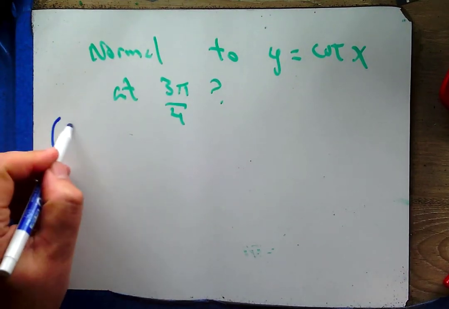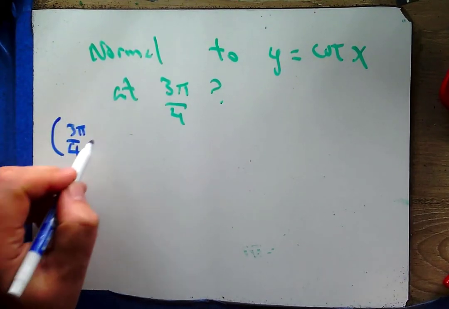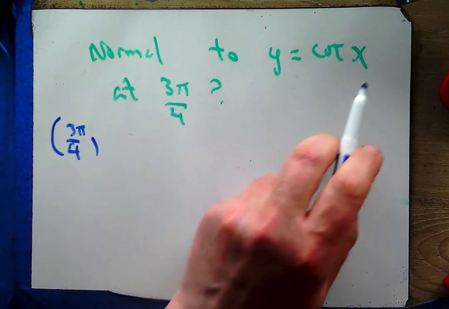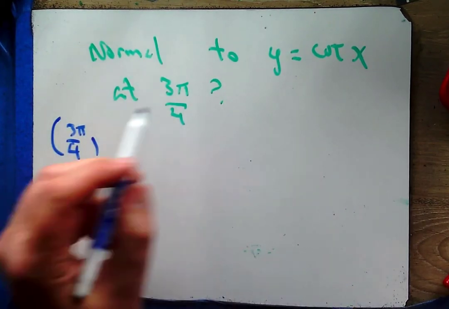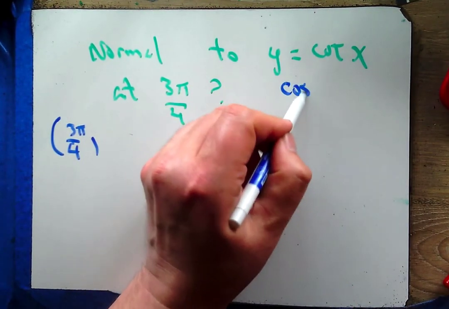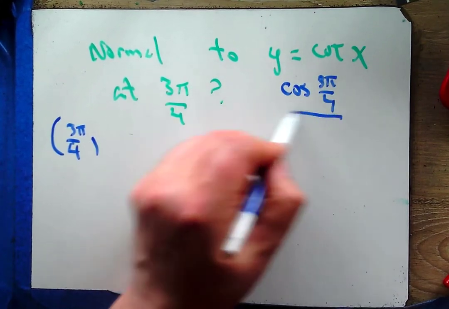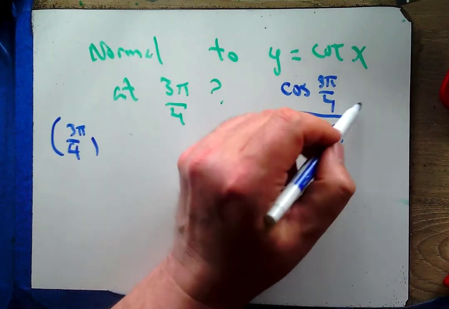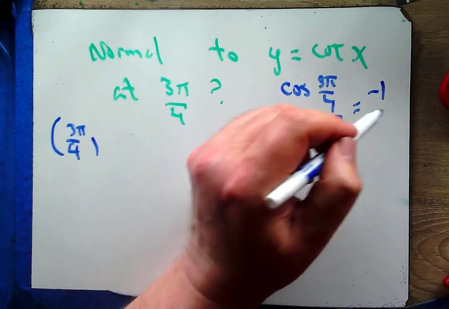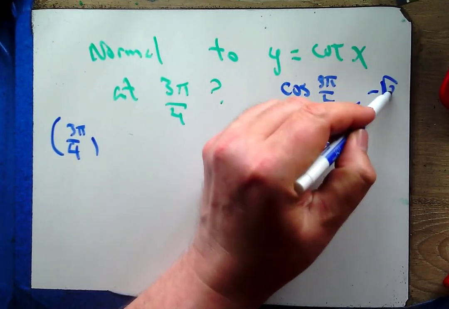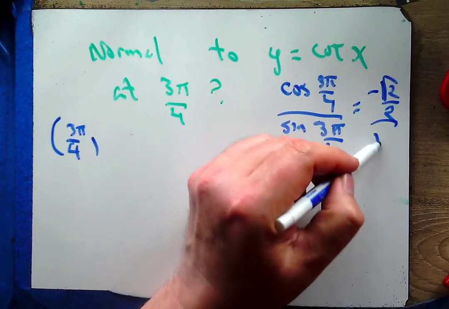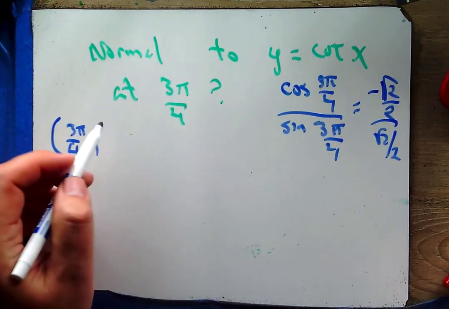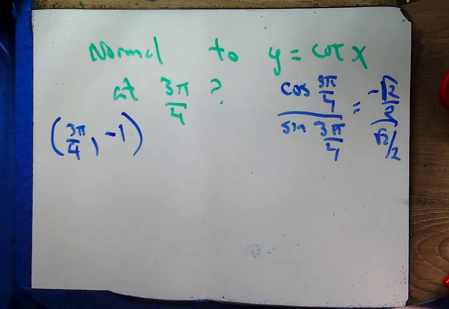So we need a point. We've got the x value. What about the y value? Cotangent of 3 pi over 4 is cosine 3 pi over 4 over sine 3 pi over 4. Well, cosine is negative root 2 over 2, and sine is positive root 2 over 2, and so I get negative 1.